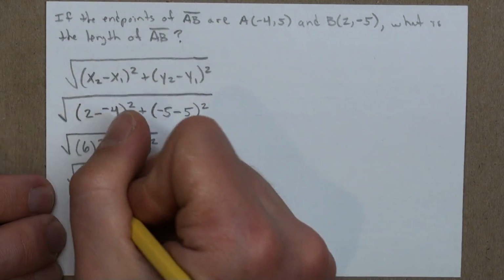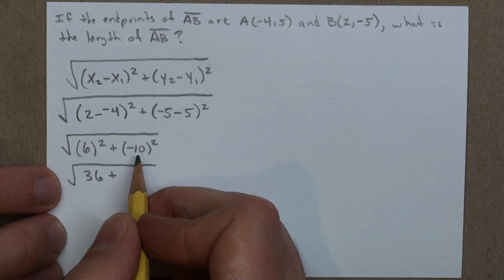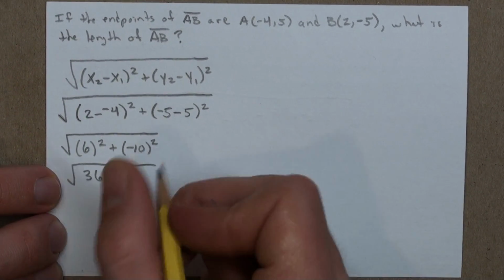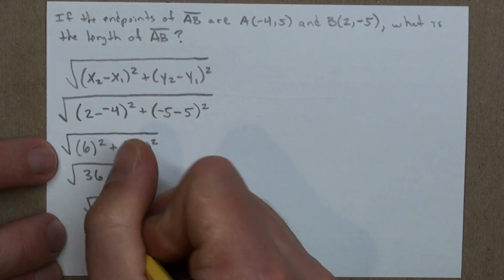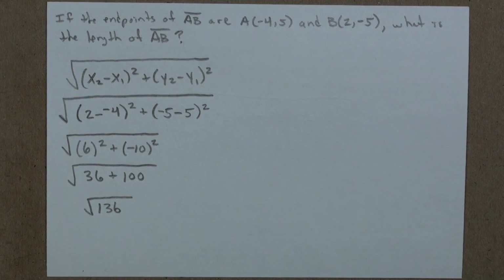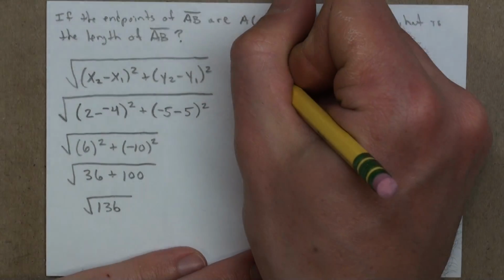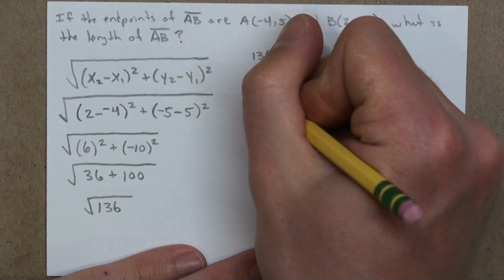That gives us 36 plus, when you have a negative 10 inside parentheses squared, that's positive 100. So we have the square root of 136. Right? So we're going to take 136 and we're going to factor it.